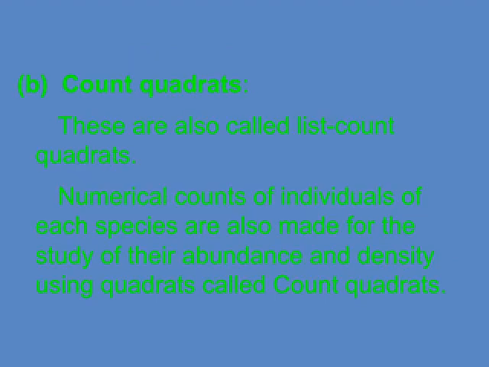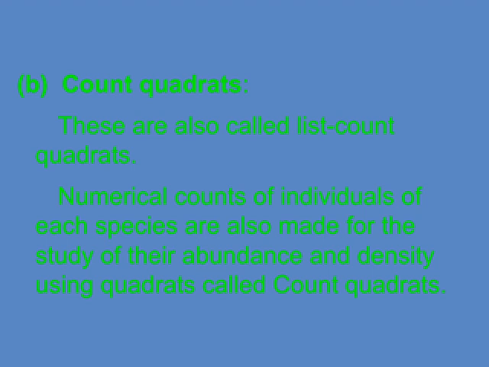Now, let's talk about count quadrats, which are also known as list count quadrats. These are a specific type of quadrat used in ecological studies. When we use count quadrats, we're not just noting which species are present, but also counting the number of individuals for each species within the quadrat. This allows us to gather important data on how abundant each species is and how densely they are distributed across an area.